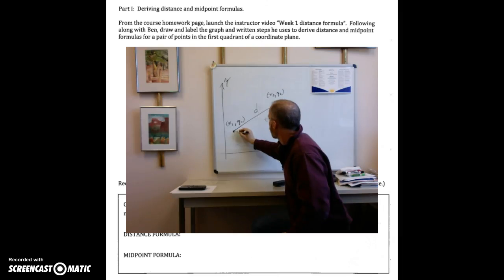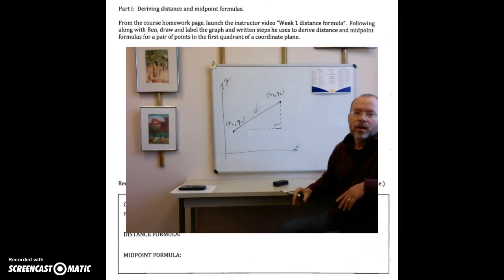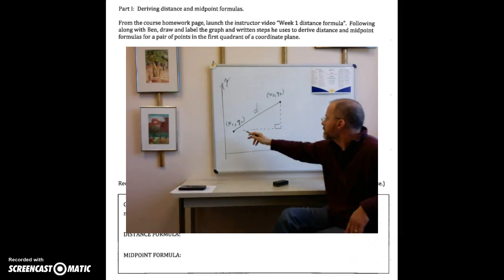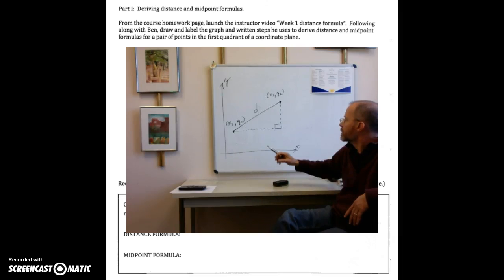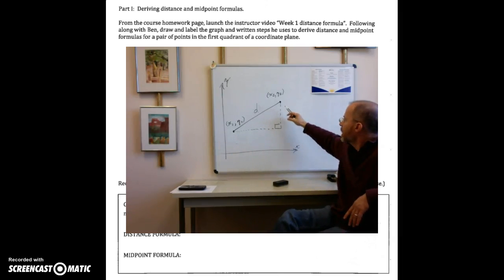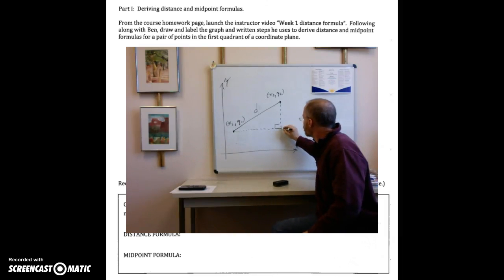No matter where we put these points, we're going to be able to complete a right triangle where the distance that we're looking for is the hypotenuse. So we're just dotting in the legs of this triangle, and then let's label the third vertex of the triangle.